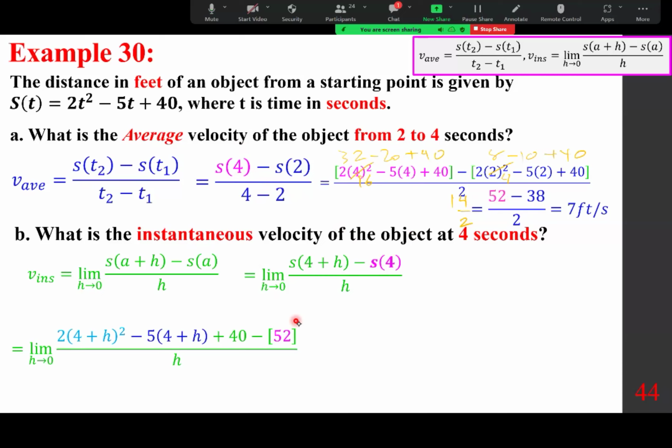Now, of course, this is 4 squared or 16 plus 2 times 4 times H, plus 8H plus H squared. We are going to distribute the 2, resulting in 32 plus 16H plus 2H squared minus 20 minus 5H plus 40 minus 52.